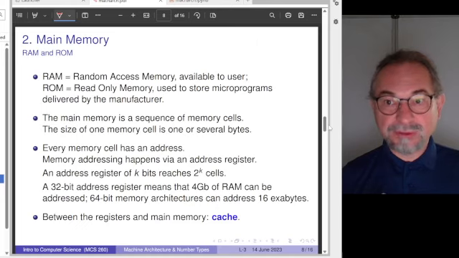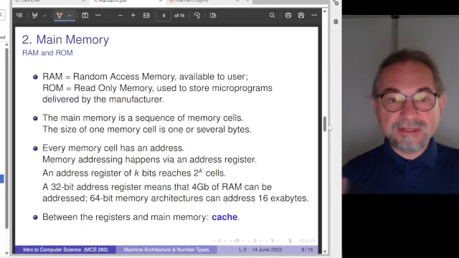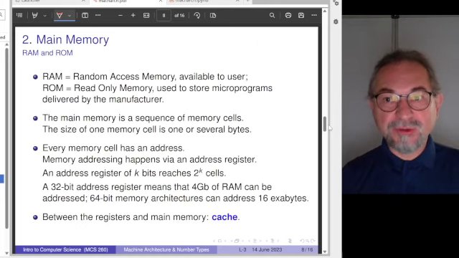You can still do this with 20 bits. With 30 bits, you get into the range of a billion bytes. And you have two more bits, so you can actually access 4 billion bytes.